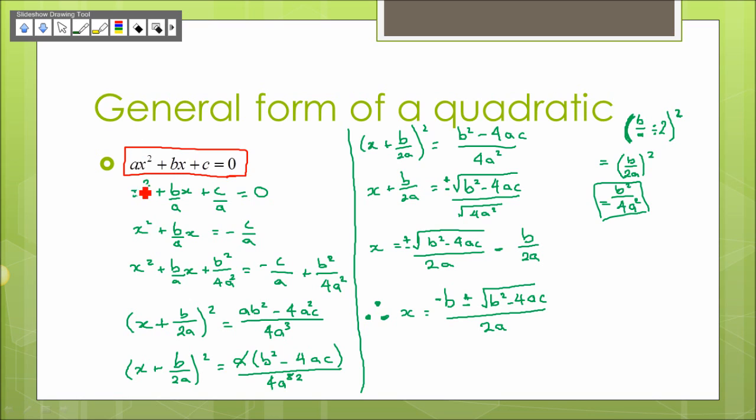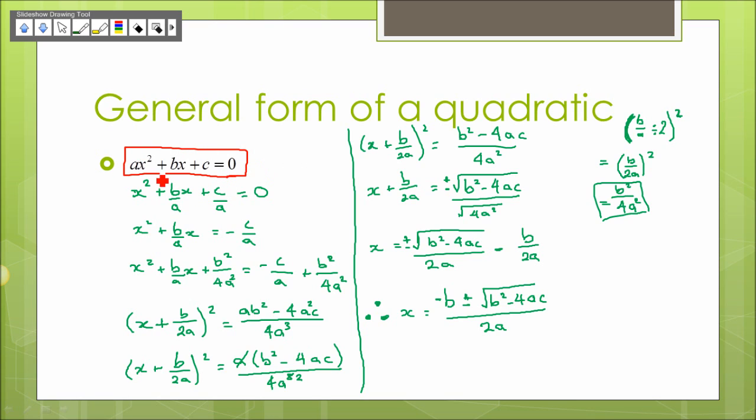Now, if we take this general form and solve it using completing the square, that should, in theory, give us an answer that we can use for all quadratic equations, a formula that helps us solve each and every equation without the need to factorize or complete the square, because this general form is an equation that we use to represent all quadratic equations.